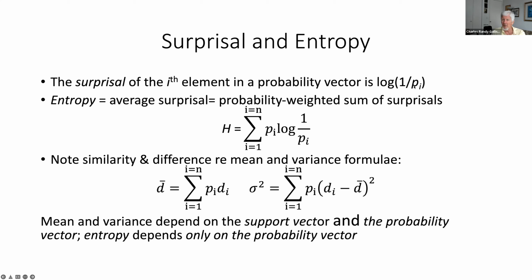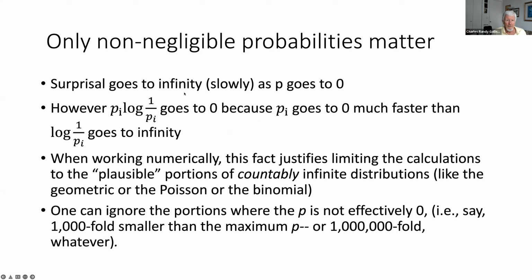So as probability goes to 0, something that's extremely improbable, the reciprocal goes to infinity, and the log goes to infinity very, very slowly. Why the log, you might ask? Well, we want surprisals to be additive. If one thing is surprising and another thing is surprising, the amount of surprise should just be the sum of the surprises, right?